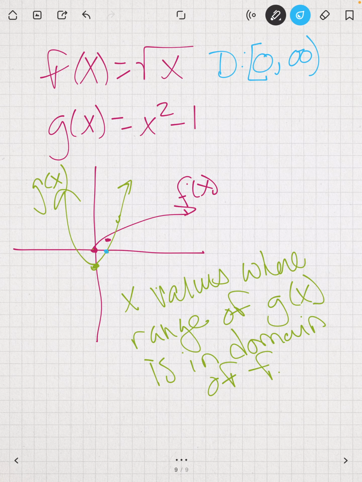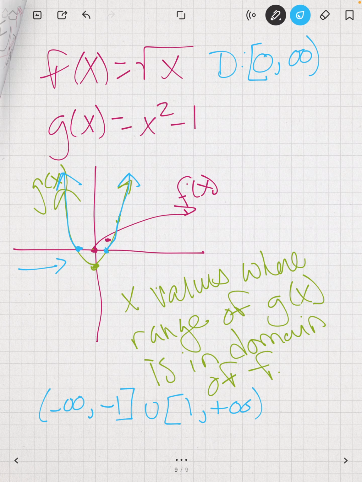And so our range of g between 0 and infinity happens between -infinity, so this side over here, all the way down to -1 inclusive, or 1 to positive infinity.